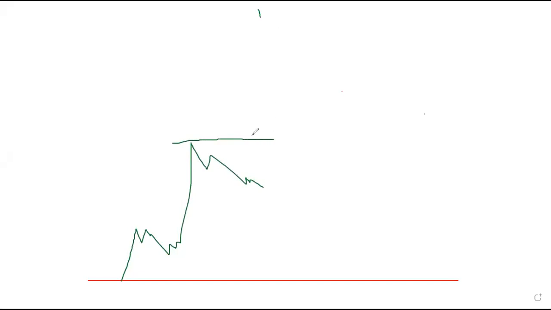It means my buy stop is there. Sorry, I'm not so good with drawing, so let me use text. This is where I'm going to set my buy stop at that higher high.